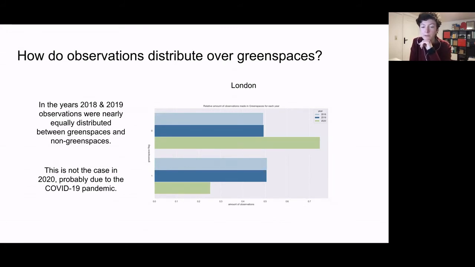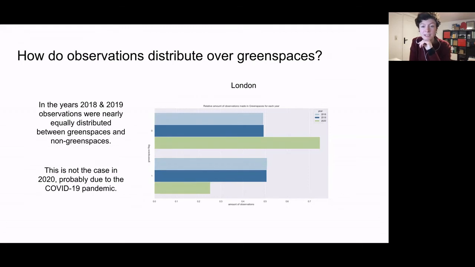Green spaces may be, for example, parks or forests. I'm just displaying London here because we still have some issues finding the right green spaces for San Francisco and Los Angeles.